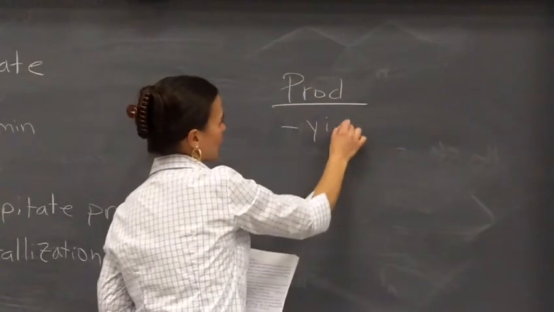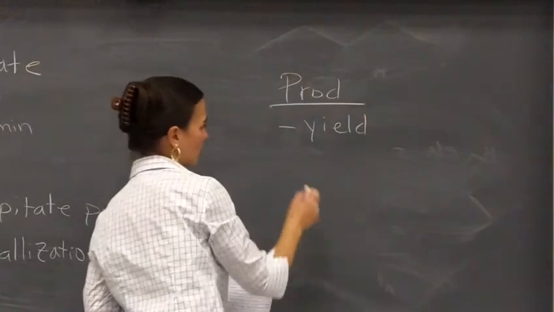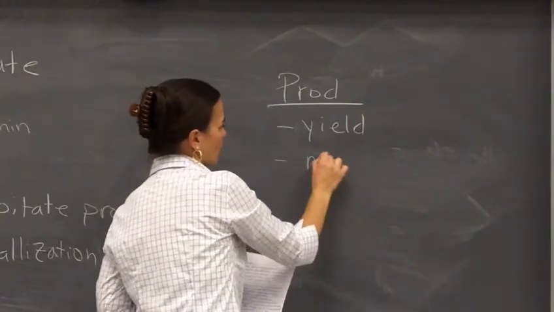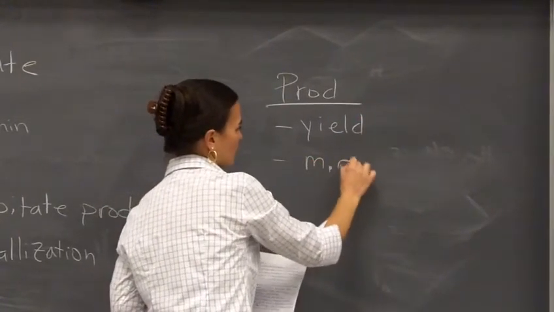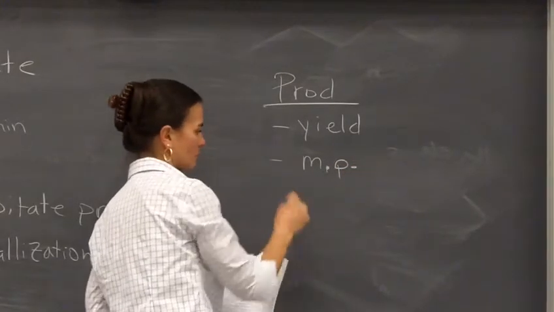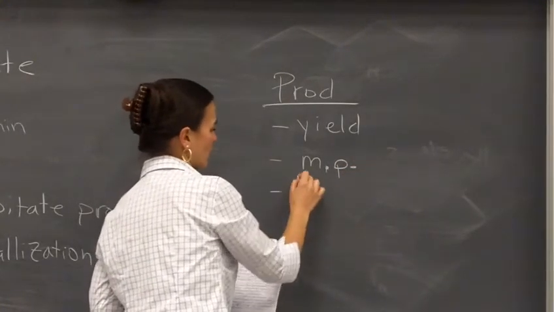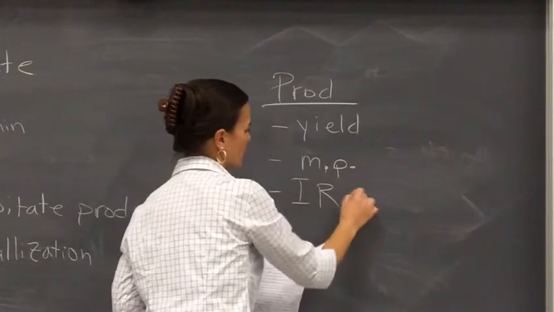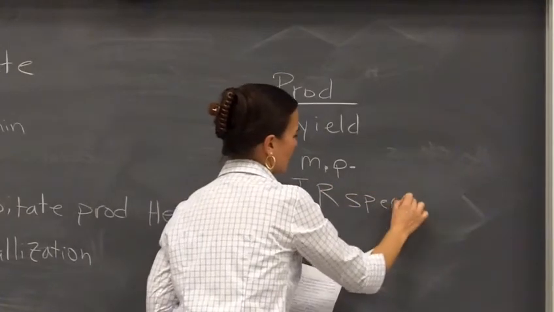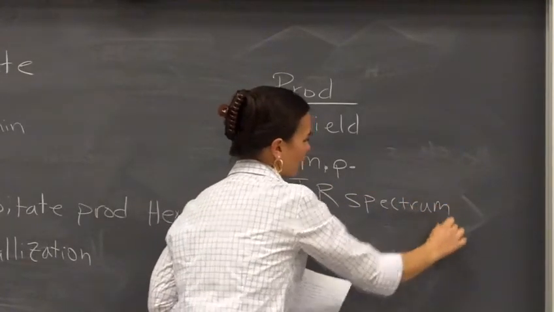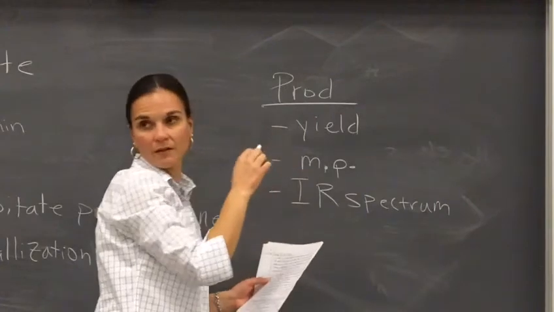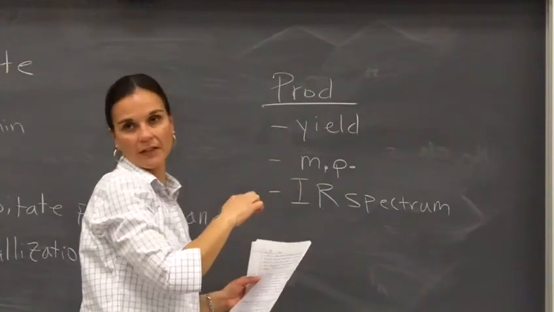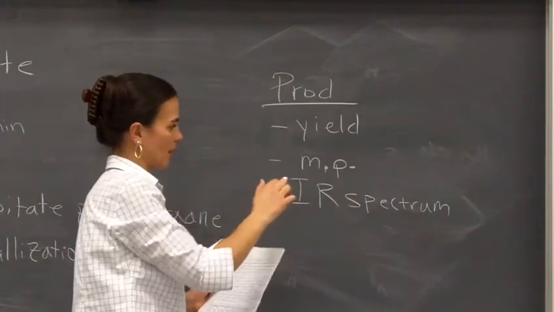What you will need for the product is, as always, we always want the yield, okay? You're going to want to collect the melting point. You'll want to collect the IR spectrum. So it's a solid, it'll be like polystyrene. You have to have the anvil down when you're collecting the product spectrum.